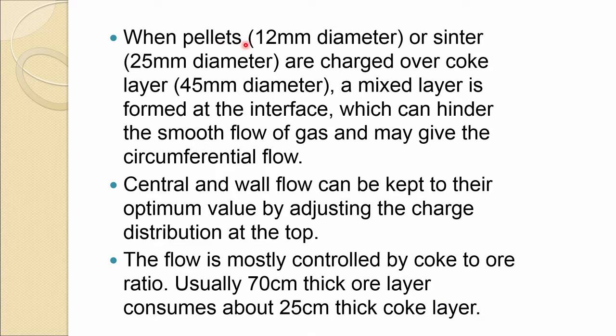So, when pellets of 12 millimeter diameter or sinter of 25 millimeter diameter are charged over a coke layer, which is about 45 millimeter diameter, a mixed layer is formed at the interface, which can hinder the smooth flow of gas and may give circumferential flow.